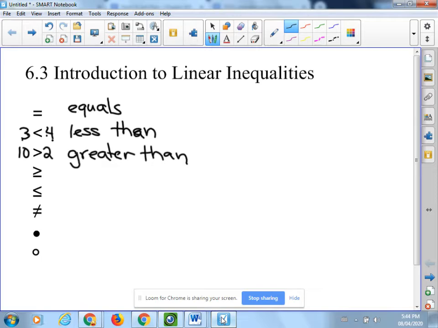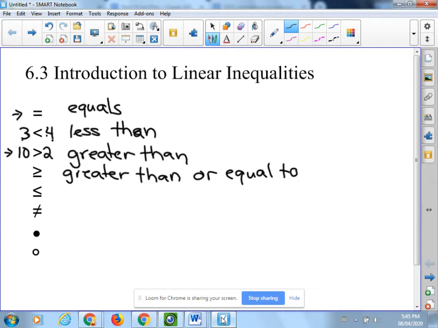Okay, for the next symbol, it's a combination of the symbols that we have previously used, and it could be both things. So this symbol is greater than or equal to, as it has combined the equal symbol with a greater than.